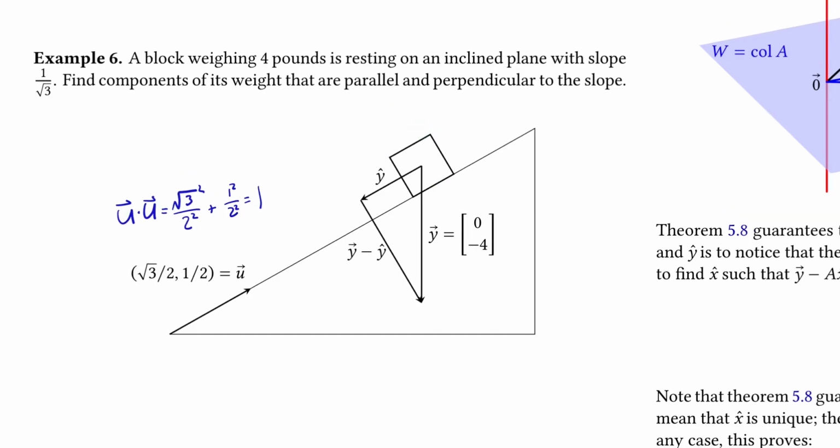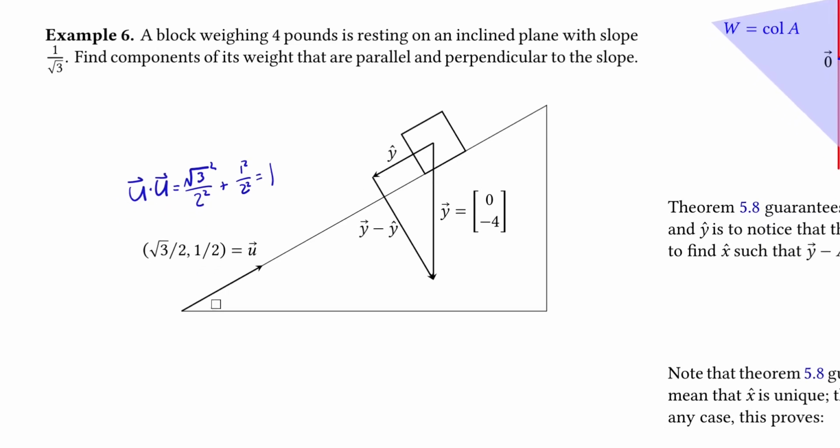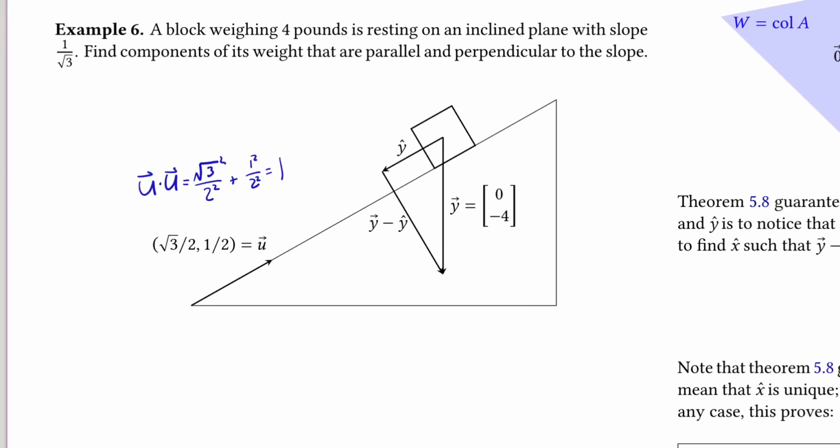Anyways, let's do this the linear algebra way. You've probably done this in physics or calculus class by realizing, oh, this is 1 over root 3, this is going to be an angle of 30 degrees, and then doing sine and cosine of 30 degrees. That's fine too, but let's do it the linear algebra way here.